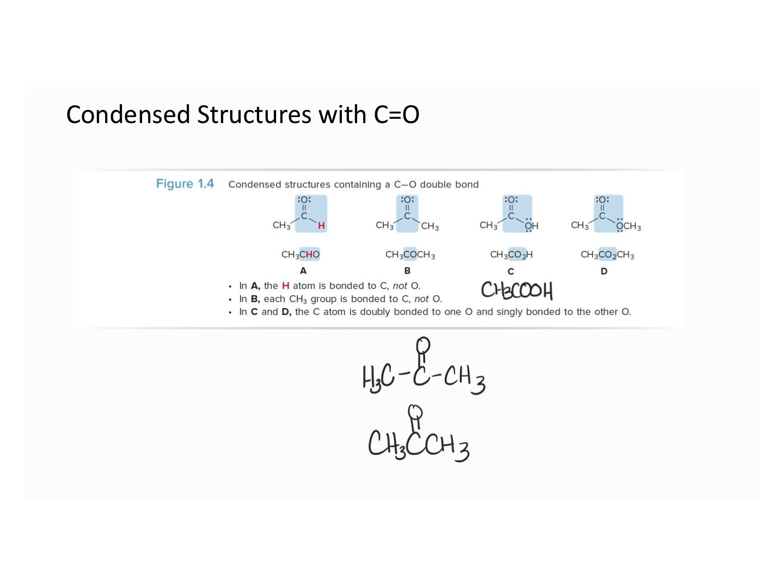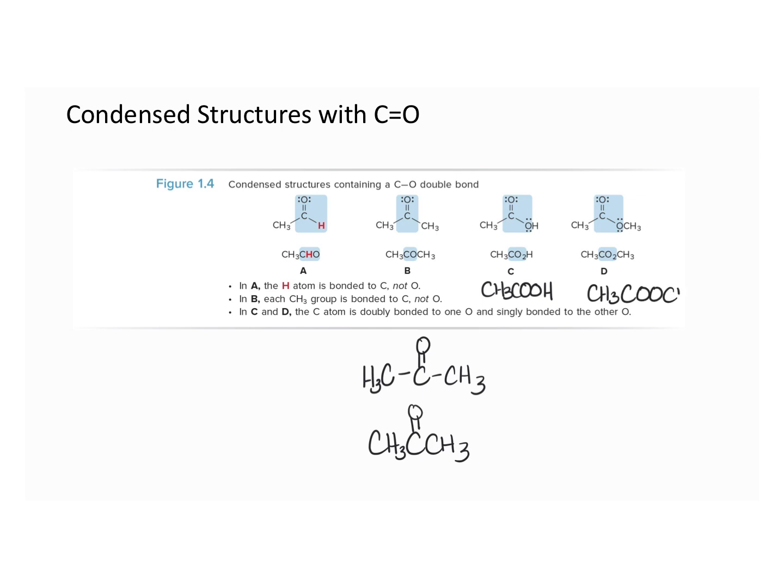So watch out for that. And then you can see here where instead of the H next to this oxygen, we have a CH3 group. And so sometimes that's abbreviated as CO2 there. Very rarely do you see it like this, but sometimes you might see it in some older text like that.